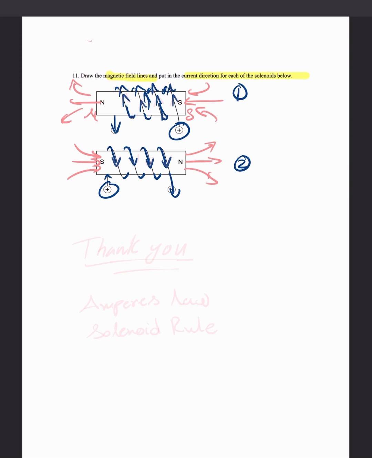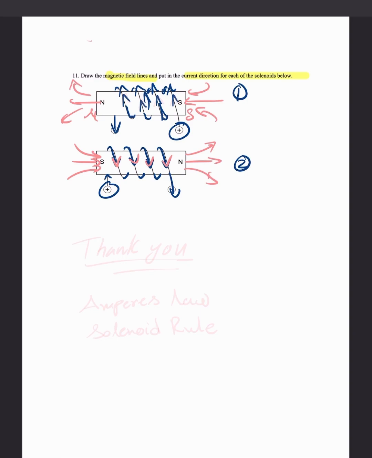So this would be the direction of the current for the first solenoid. But for the second one, we can see that this is the direction of the current. And this is all very simple, as it works perfectly with our solenoid rule. And this is what I would like to conclude my lesson on right-hand rules with.